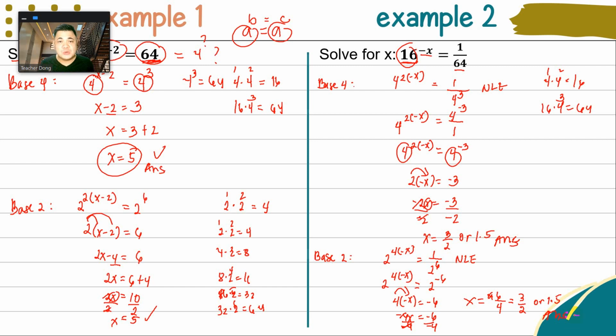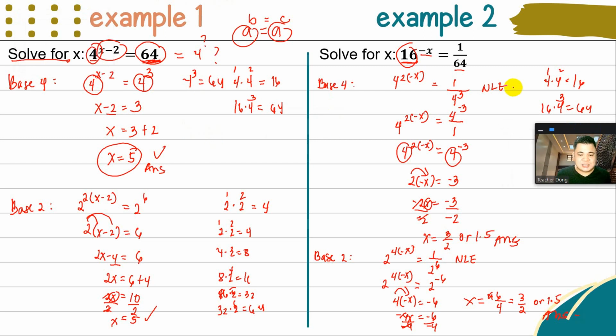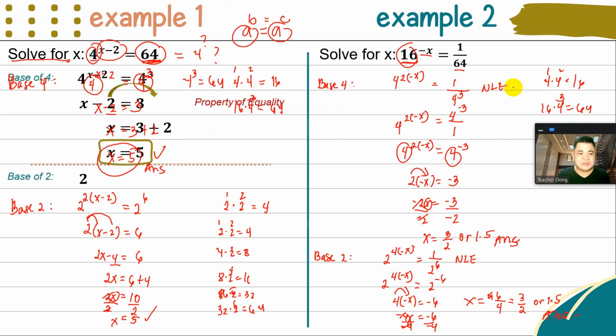It means that when you multiply 2 to itself 6 times, you should be getting 64. And then that's it. You can now equate if the bases are similar, and then apply some algebraic techniques for you to be able to solve for the unknown value or solution set. Next. So here are the solutions. For my students, I'll be giving you a copy of this so for you to review.